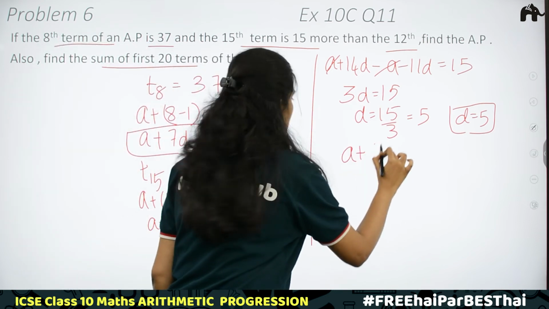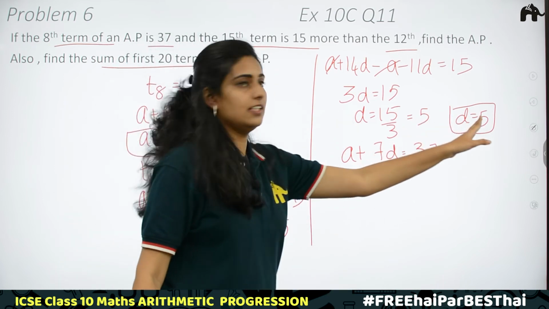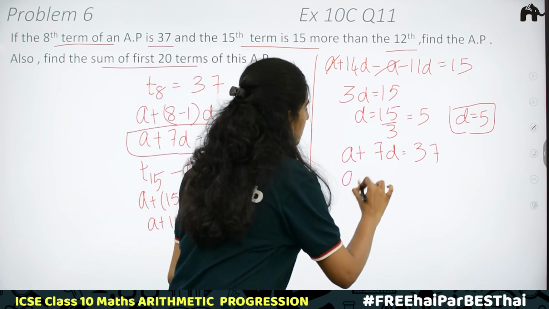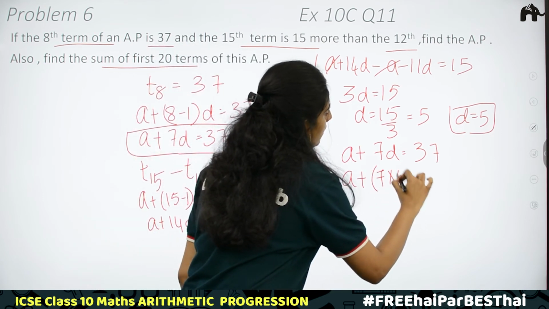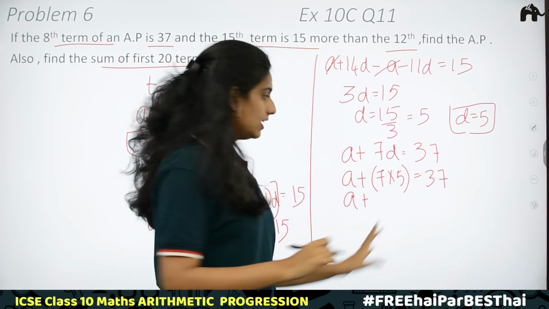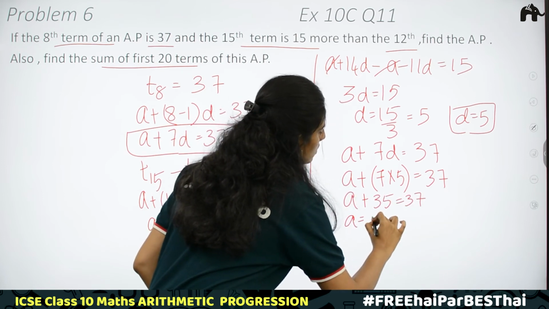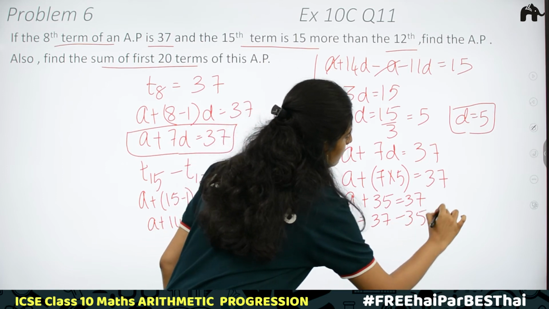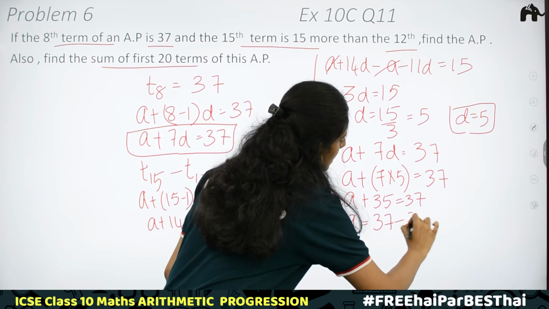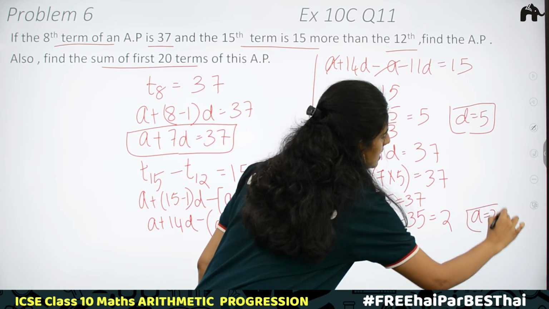Substituting the value of d is equal to 5 in this equation to get the first term a: a plus 7 into 5 is equal to 37. a plus 35 is equal to 37, or a is equal to 37 minus 35, which is equal to 2. We got the first term a is equal to 2.